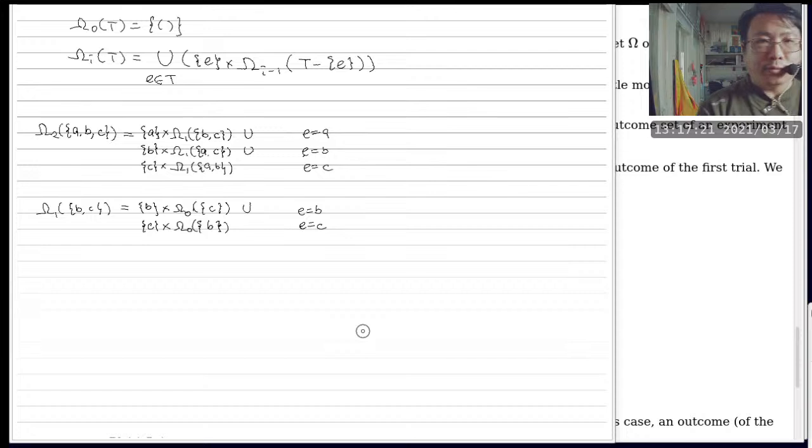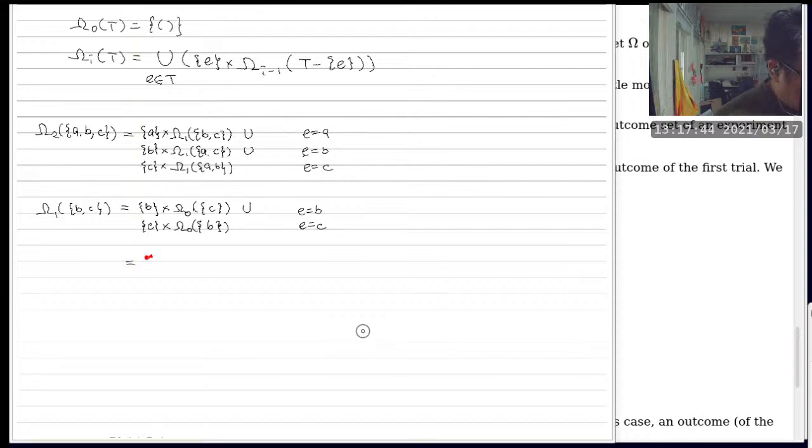Are we doing okay so far with this? I'm basically just reapplying the recursive definition to omega 1 of BC. All right, so now we say, oh, okay, but omega 0 of whatever is always the set of the empty tuple. That's easy.